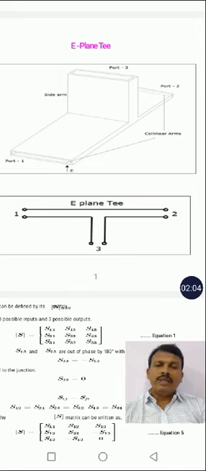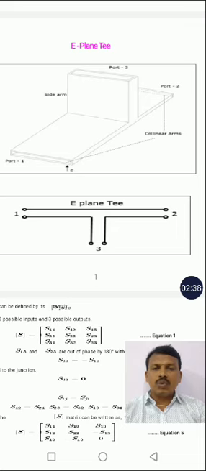Additionally, we can give two incident waves, that is two input waves, at port 1 and port 2, and you will get the difference output from port 3. That's why port 3 is called the side arm, series arm or difference arm. So you can explain this same power division in the form of a scattering matrix.